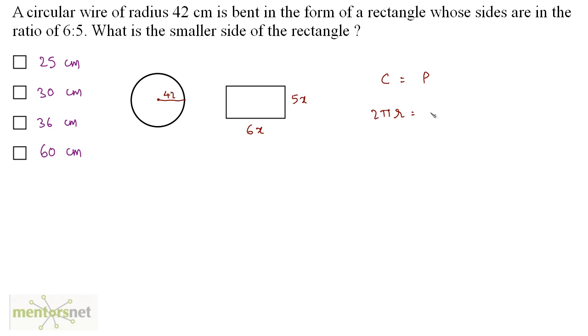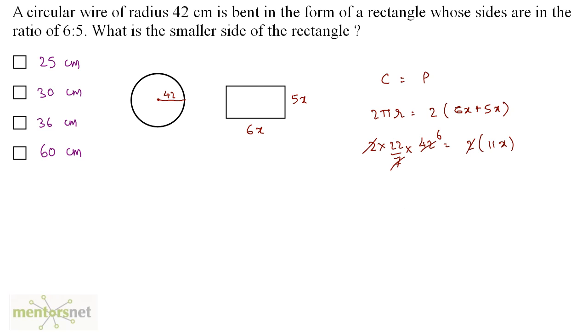It is equal to the perimeter, which is 2 times L plus B. So 2 times 6x plus 5x. So we have 2 into 22 by 7 times radius 42 is equal to 2 into 5x plus 6x, that's 11x. This 2 and this 2 get cancelled out.